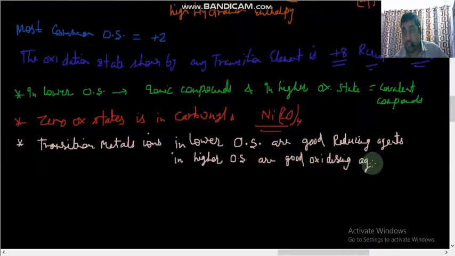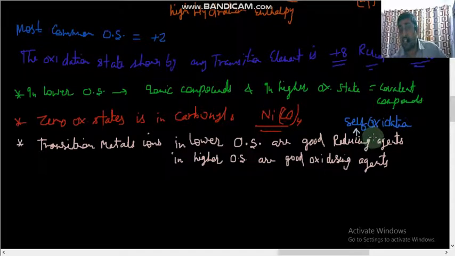Now what does this mean? Reducing agent means self oxidation. If they are in a low oxidation state, they can be further oxidized to a higher oxidation state.